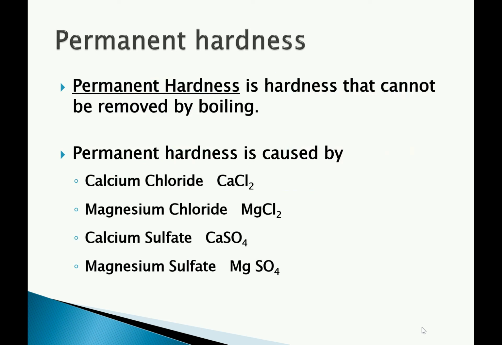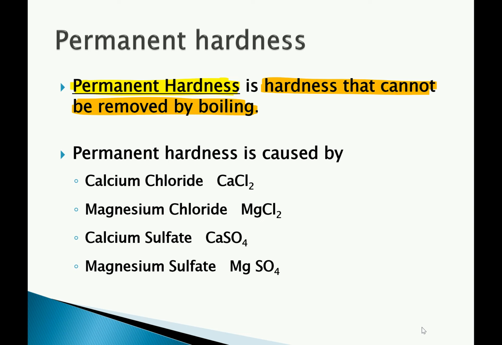Now, permanent hardness is different because it cannot be removed by boiling, and that is another definition for us. So permanent hardness on the front of our flashcard, and on the back of the flashcard we have hardness that cannot be removed by boiling. And what causes permanent hardness is not hydrogen carbonate anymore, because that was only for temporary hardness.